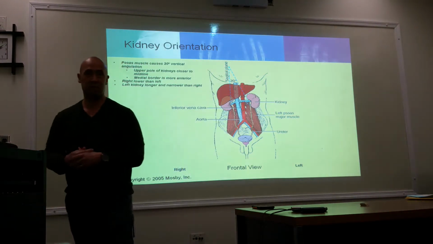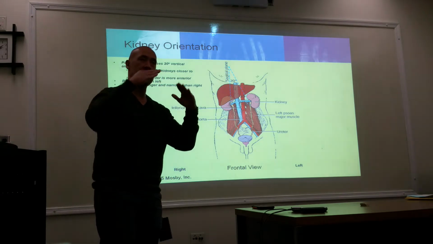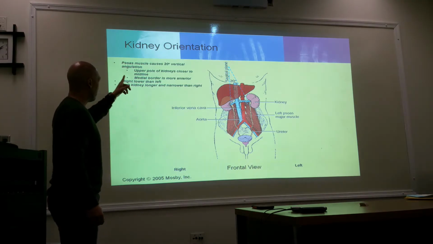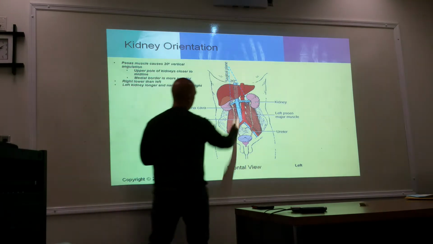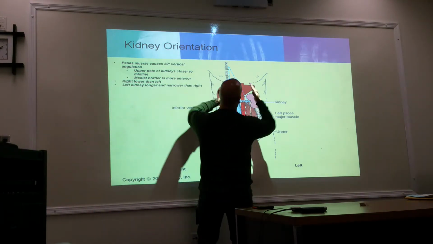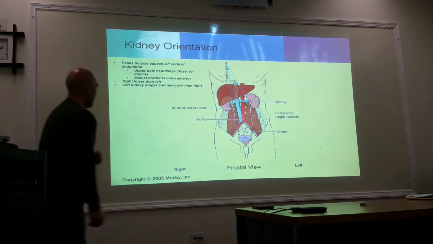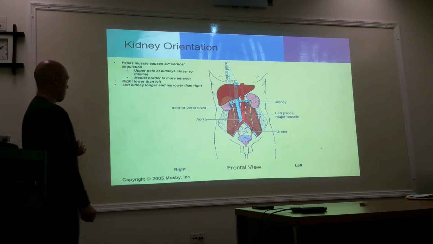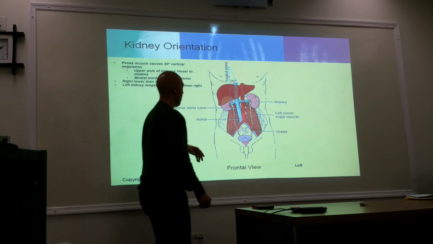Because of those psoas muscles, it also is involved in how the kidney is oriented or positioned. So what happens here is that the psoas muscles cause a 20-degree vertical angulation from the mid-sagittal plane. So it angles this way, about 20 degrees. This puts the upper pole of the kidneys closer to the midline, whereas the medial border is also going to be more anterior.